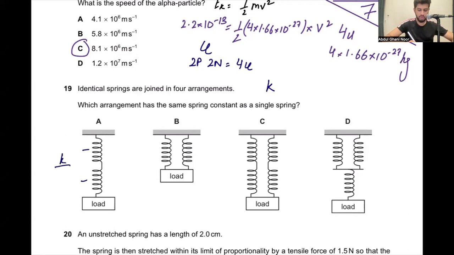So K upon 2. And you can work this out using the formula 1 upon K plus 1 upon K, inverse. You get the same answer, K upon 2.